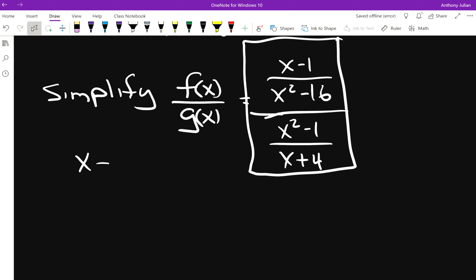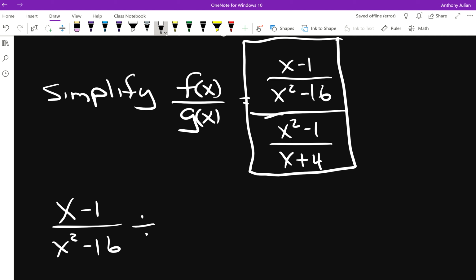Just to shorten our work so we don't do a lot of writing, this would be x minus 1 over x squared minus 16 divided by x squared minus 1 over x plus 4.